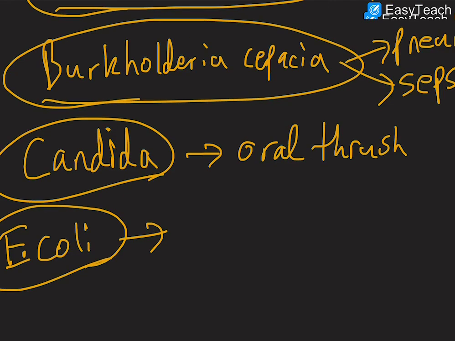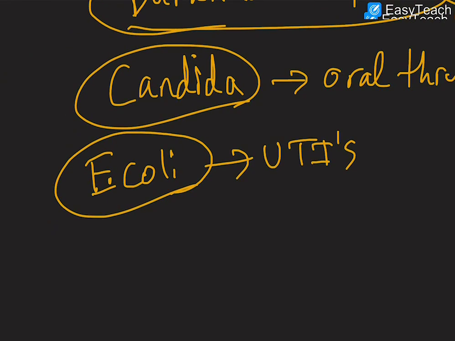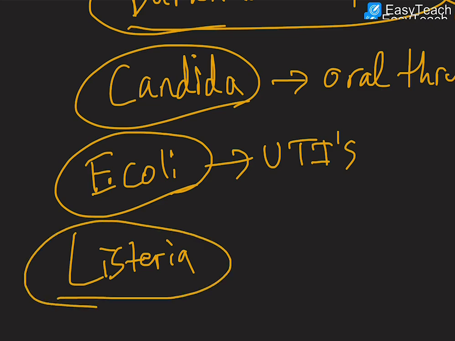This can, as we know, cause UTIs, right? And then another organism that we could keep in mind, it may not be that common, but we can also keep in mind Listeria, okay? Listeria can also be important when talking about increased susceptibility of infections in chronic granulomatous disease, okay?